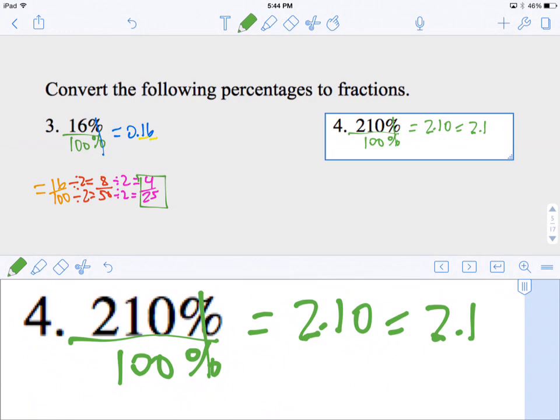So we have 21 tenths. The next lesson on fractions is going to help us a little more with adding fractions. So don't worry about this step, but I want you to make sure you can at least get from that 0.1 to 1/10. Okay? That is it for this lesson, and we're done.